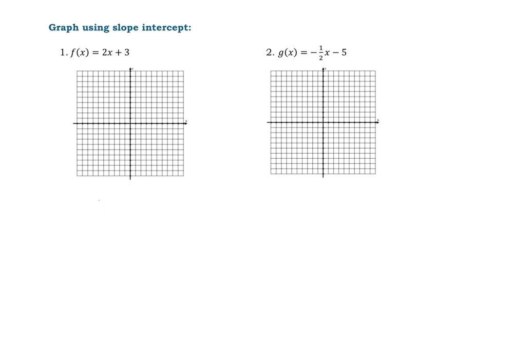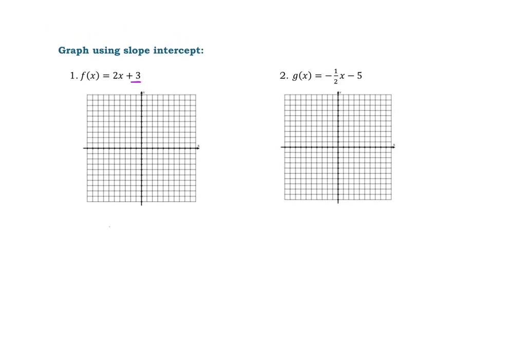Now we're just going to go back over and remember how we started to graph these. Remember the 3, which is the b value, or y equals mx plus b, the y-intercept. It tells us to start off at the positive 3 on the y-axis. My slope is positive, so it means I'm going to go up and to the right. So from that y-intercept, I rise up 2, and remember all whole numbers have a 1 underneath, and I run 1.